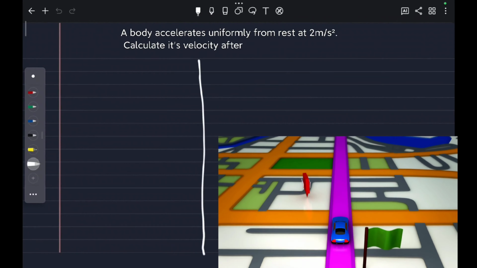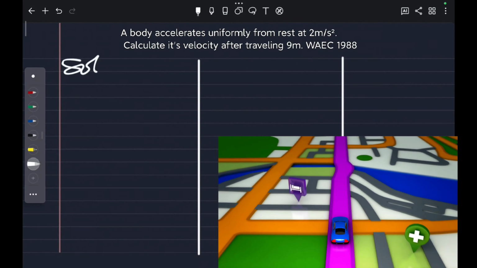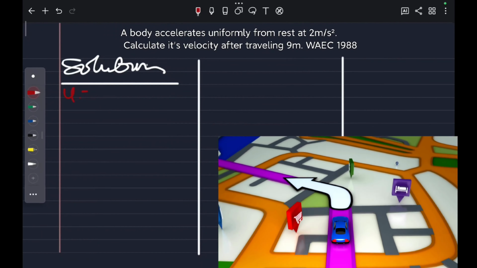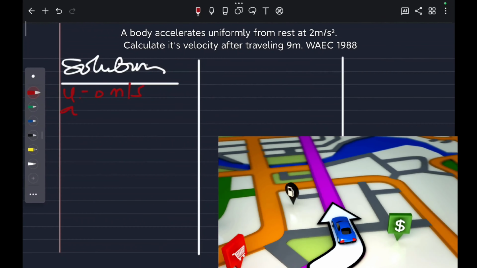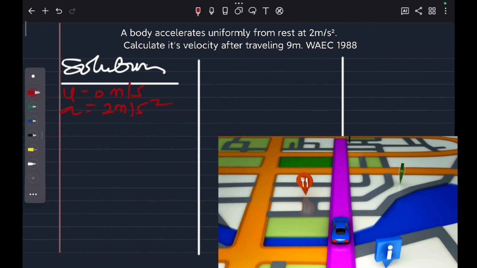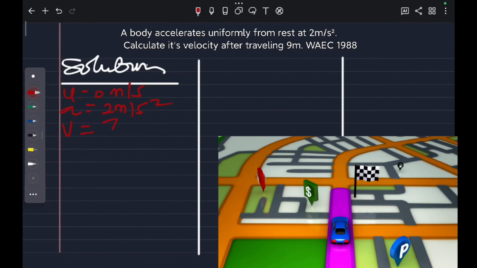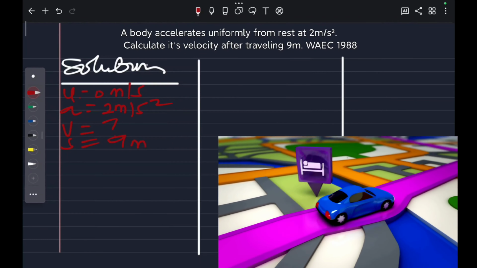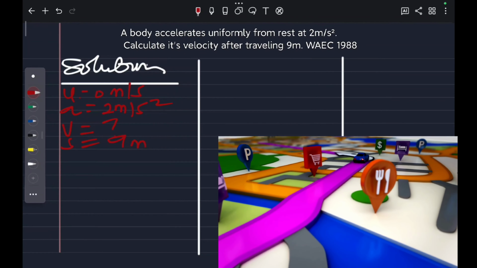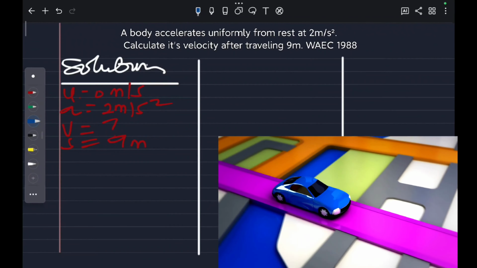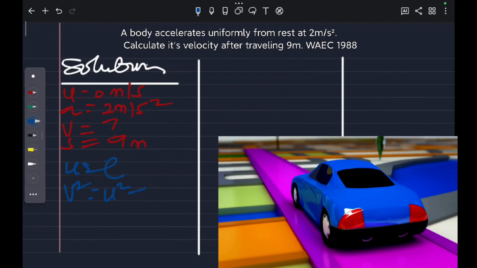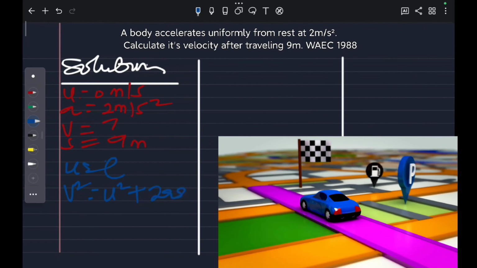Our last question for today: a body accelerates uniformly from rest, so initial velocity is 0 meters per second. Then our acceleration is 2 meters per second squared. Our final velocity is unknown. Distance is 9 meters as given. So using V squared is equal to U squared plus 2AS.